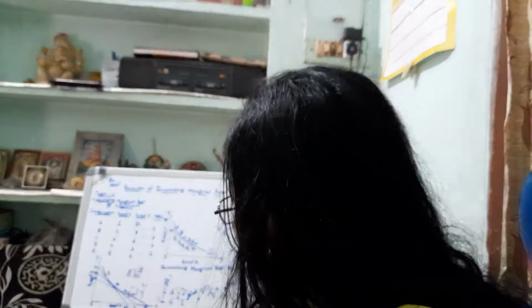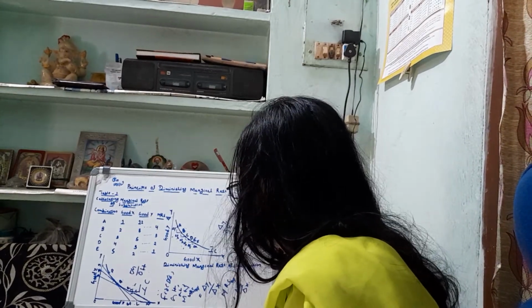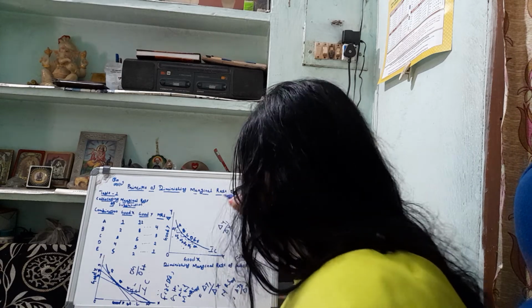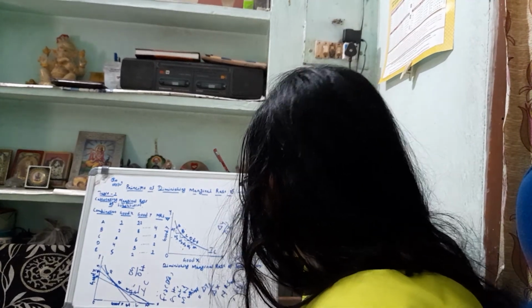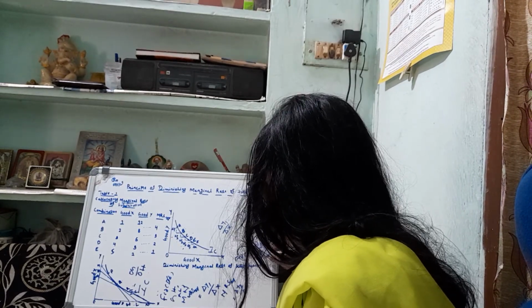Likewise, the marginal rate of substitution at point Q is equal to OK divided by OL, and at point R equal to OM divided by ON.